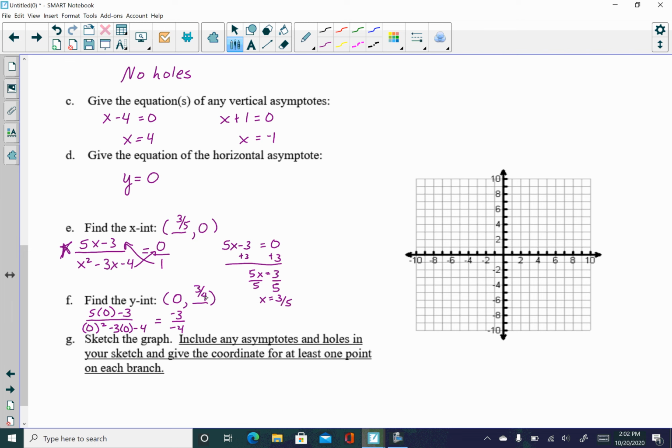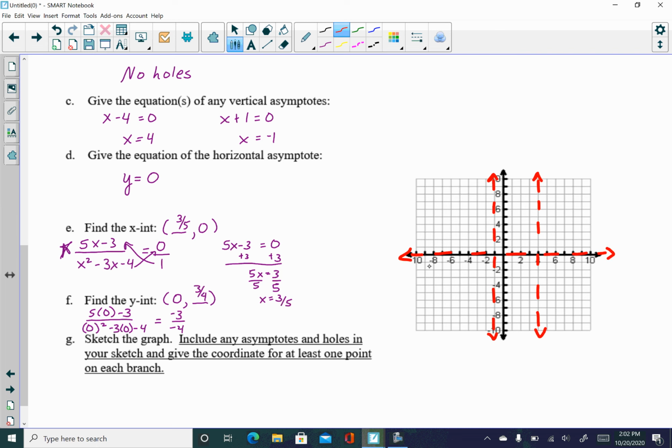Now let's come over here to the graph and put in what we know. We had vertical asymptotes at positive 4 and negative 1. Those are our vertical asymptotes. We also had a horizontal asymptote at the line y equals 0, which happens to be your x-axis.